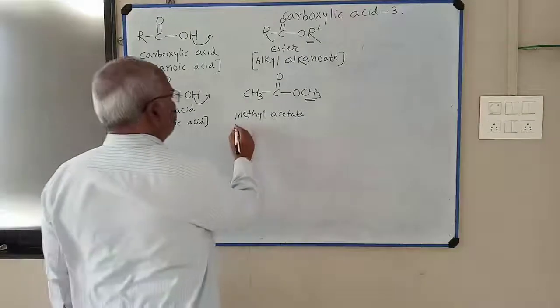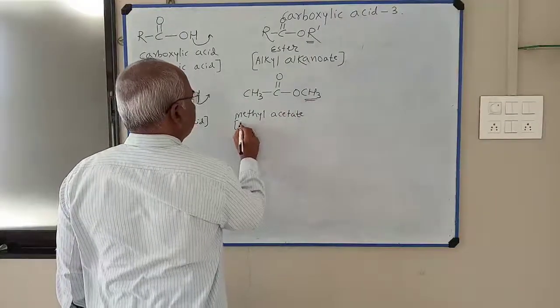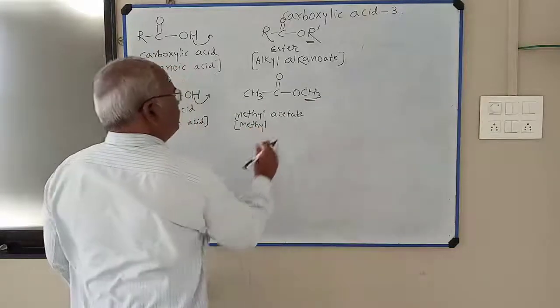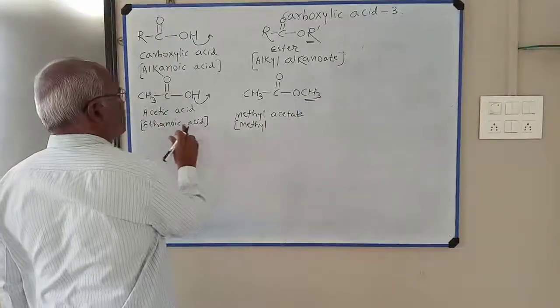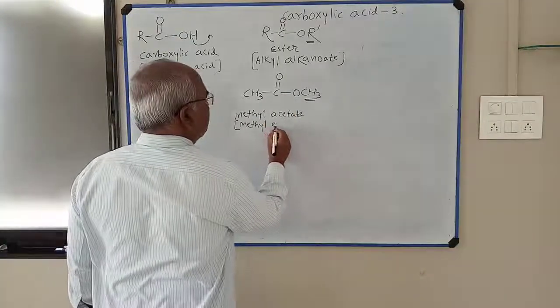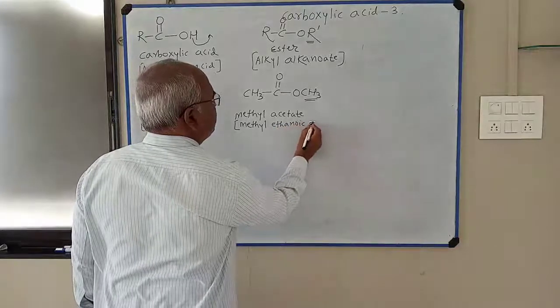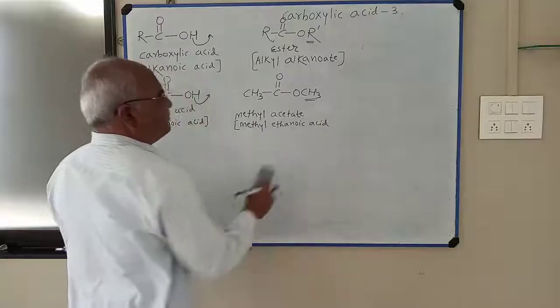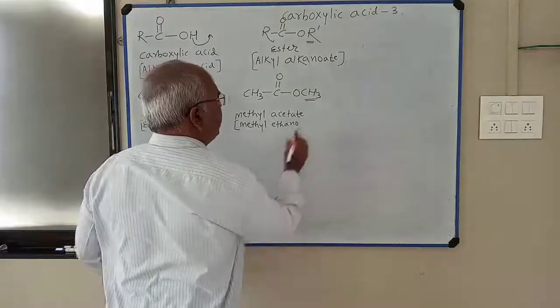Now I am going to write the IUPAC name. Here is a methyl group, therefore I write methyl. It is a derivative of ethanoic acid, therefore I write ethanoic acid. Remove the suffix ic acid and replace it by ATE.